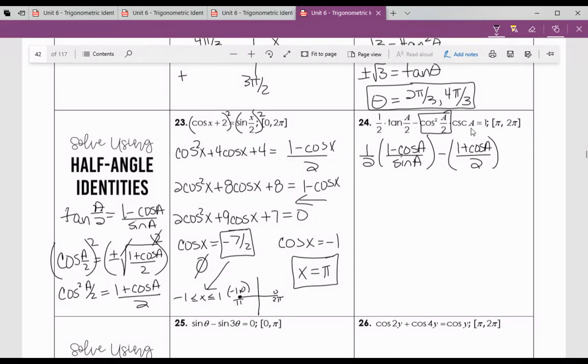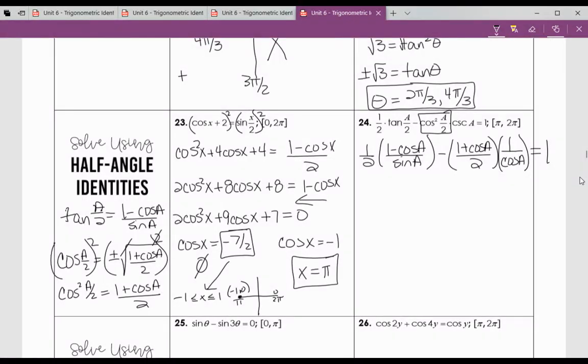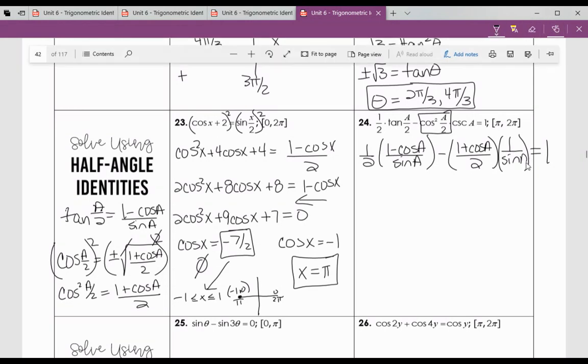Now, cosecant, I don't want cosecant, so I'm going to replace it with 1 over sine alpha. I apologize, cosecant is 1 over sine alpha, not cosine. And all of that is equal to 1. Now, if I multiply here, I get 1 minus cosine alpha over 2 sine alpha.